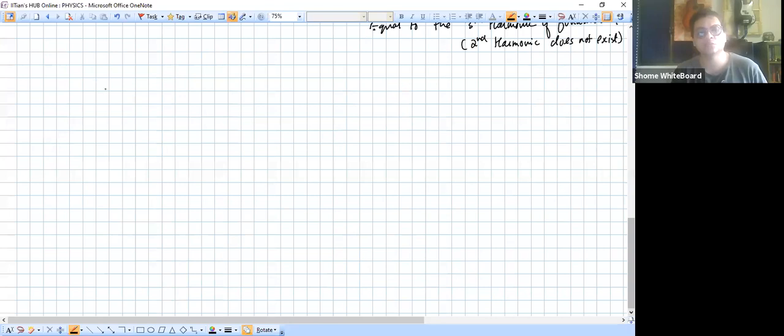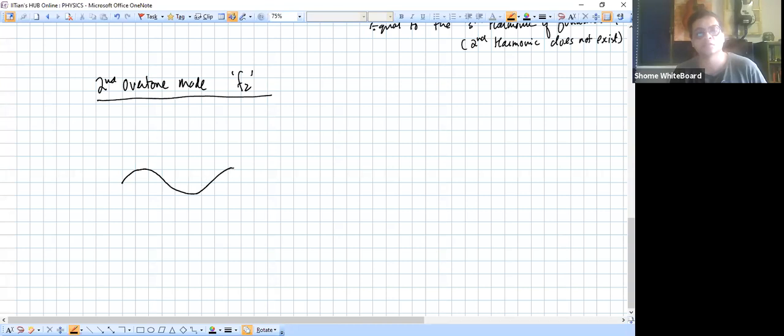So your second overtone mode, where the frequency we will write as f2, that situation will look like this. 3 nodes, 3 antinodes. 2.5 loops.